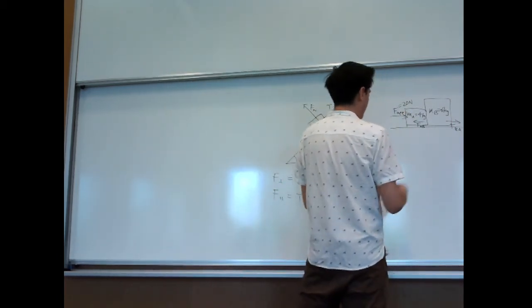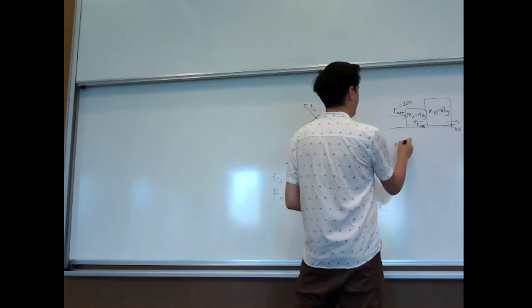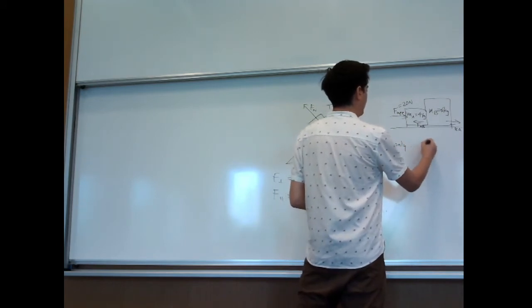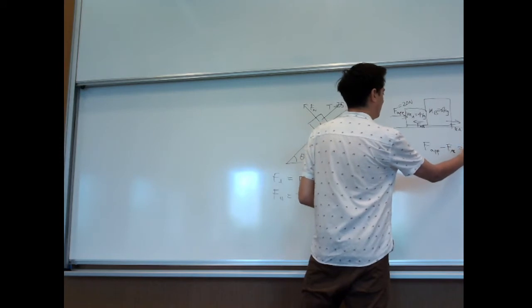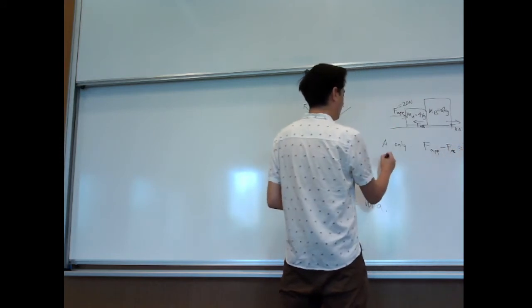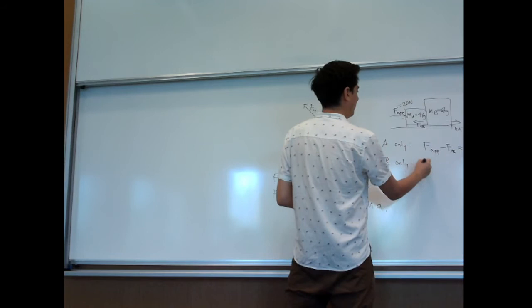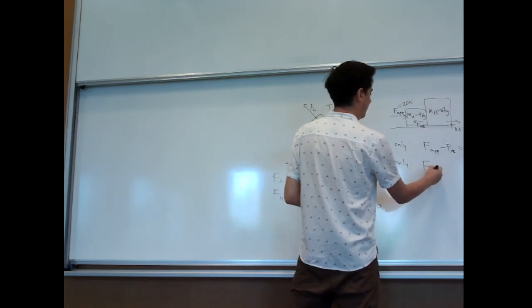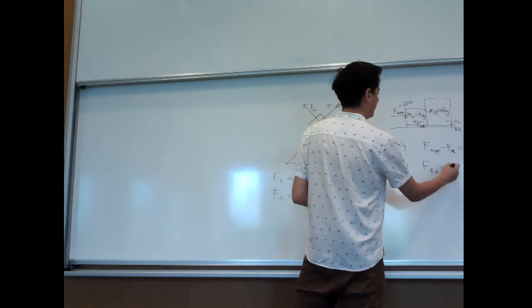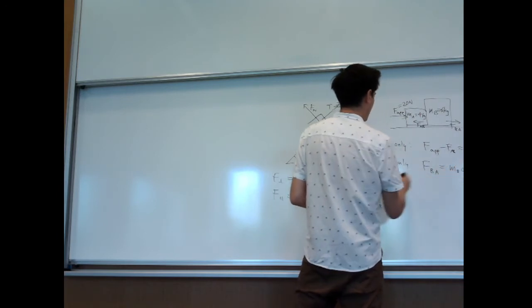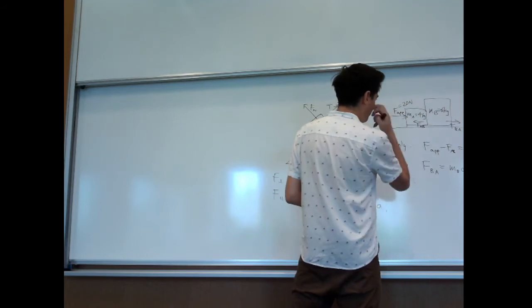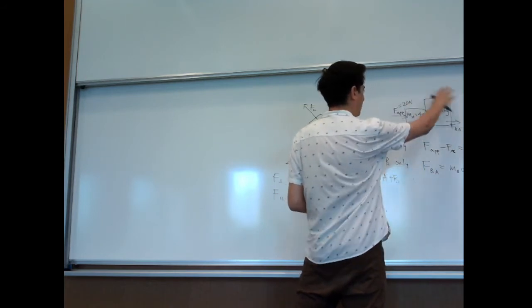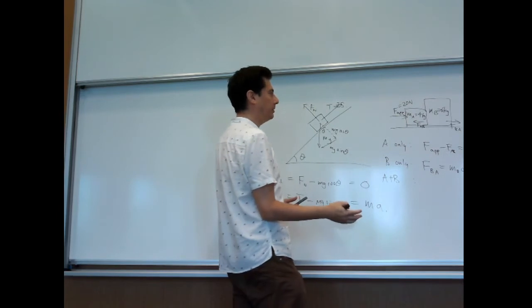So if you look at A only, then you'd write an equation like: force applied minus force AB would be equal to MA times A. For B only, it'd be force BA equals MB times A. And for A plus B, it would be the total force of all these three things together.